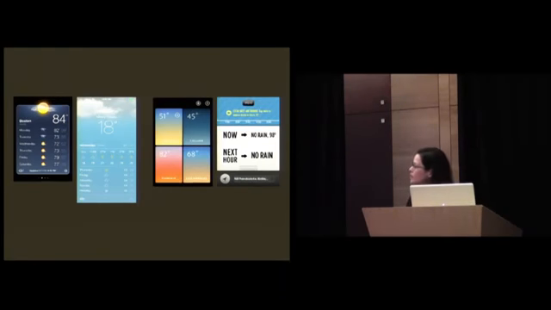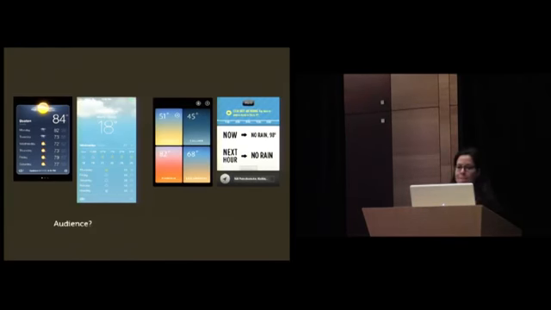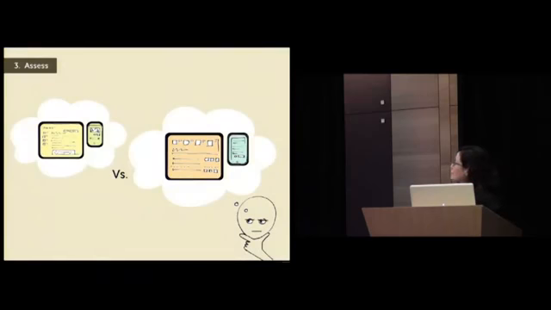So now that we've talked a little bit about characterizing, how do we determine what's good? What's the criteria to assess a visual interface?